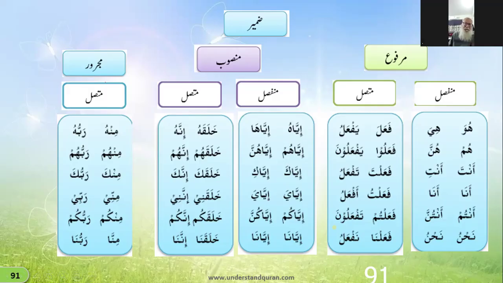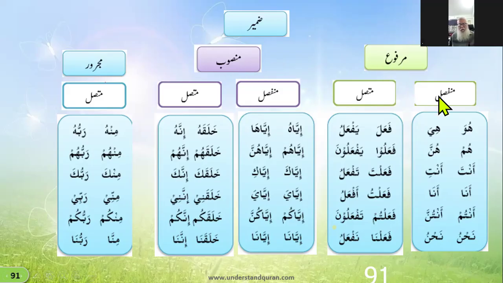And remember, both the jar majroor and mudaf alayh, second ism is always majroor, because that is zamir majroor or ism majroor after harf jar and harf nasab. So this was asked about the zamair. So zamair are three types: marfu, mansub, majroor.